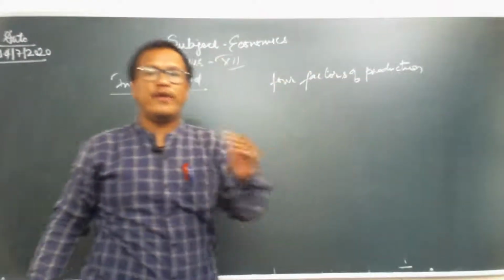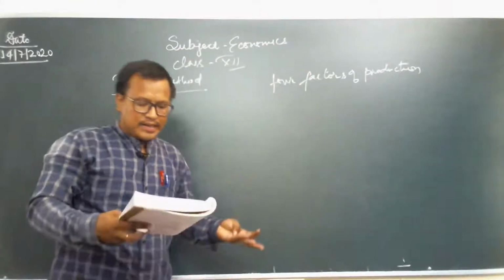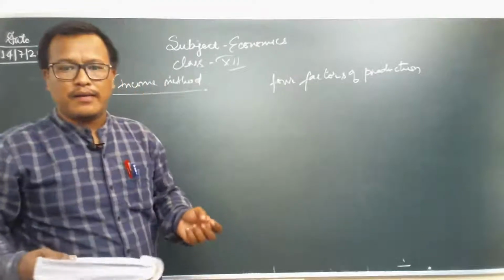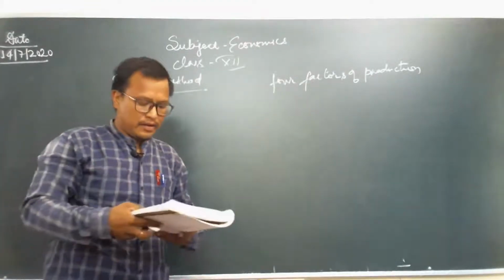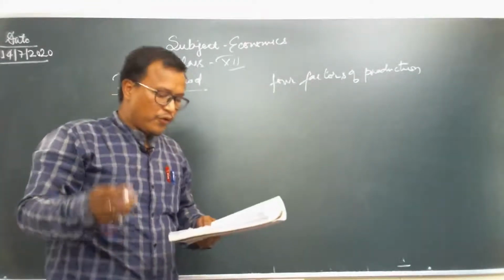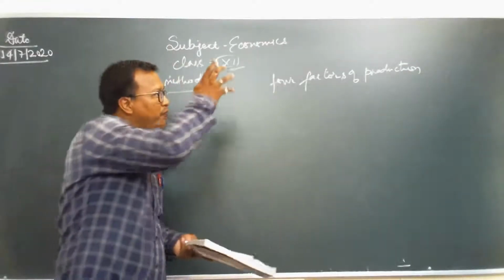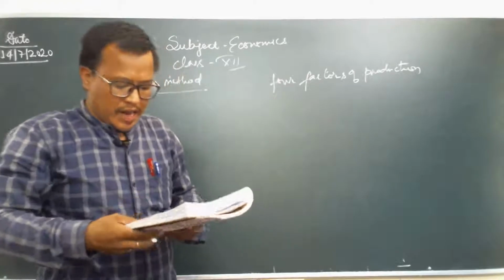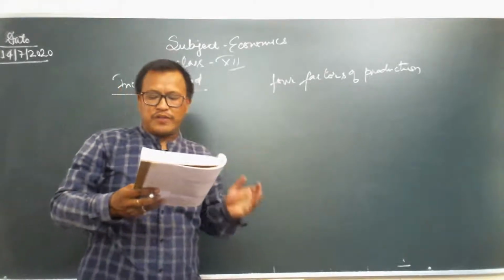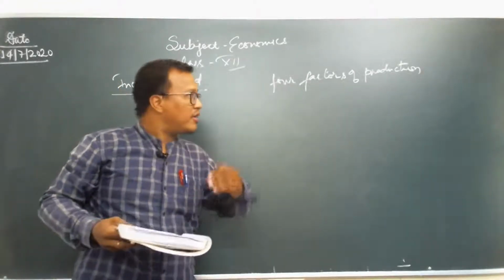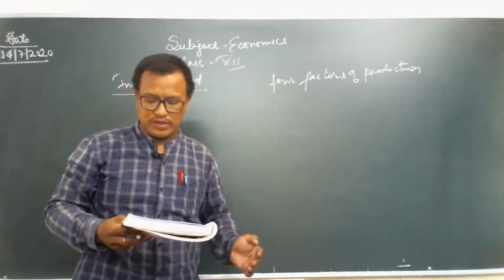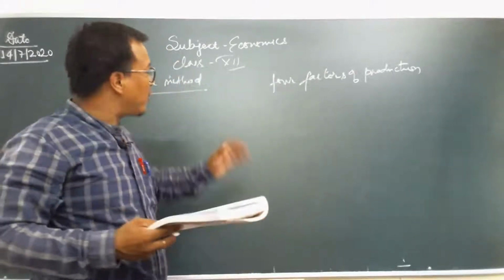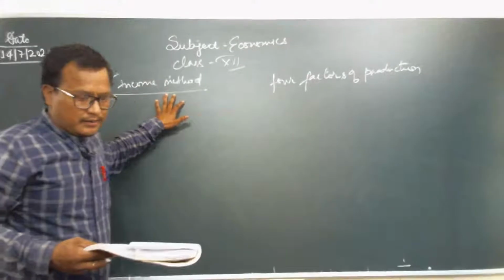Now, what are the four factors of production? That is land, labor, capital, and entrepreneur, with rewards of rent, wages, interest, and profits in exchange for their factor services. That is what we are going to calculate in the income method.